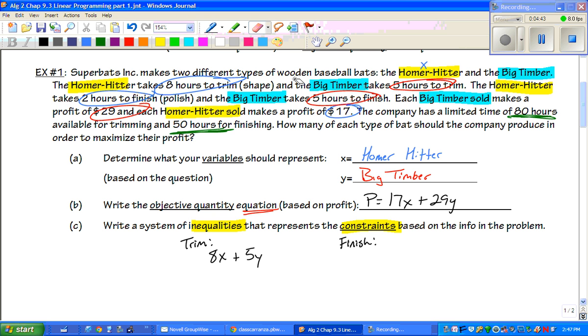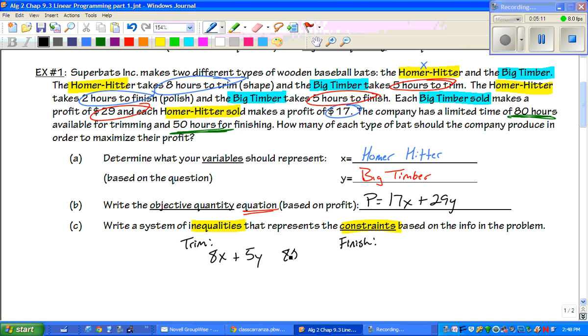But now, what do we use for trimming? You have to sift through and look to see where else it talks about trimming. It's right there, 80 hours for the trimming. So we have to look through this stuff. We have a constraint of 80 hours.